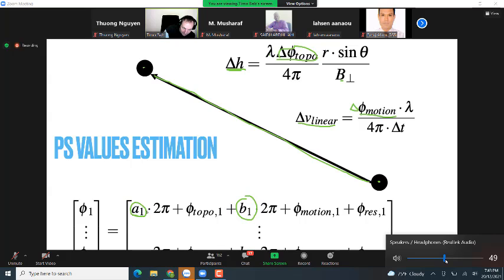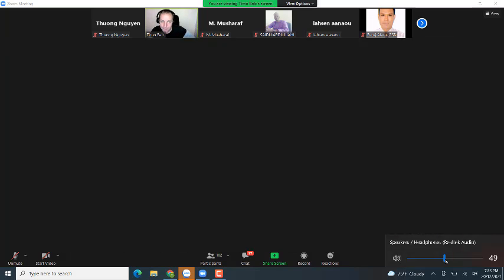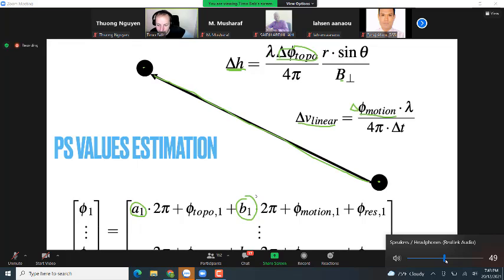That's a factor times the 2 pi for the topography, so how much the topography phase is wrapped between these two pixels. We do not know how many wrapping cycles there are. Similarly, we do not know how many wrapping cycles for the motion value there are between these two pixels. And as they are for each image, they might be different.